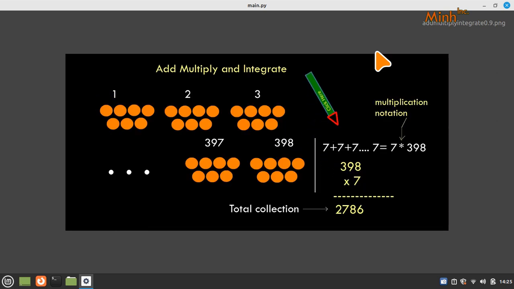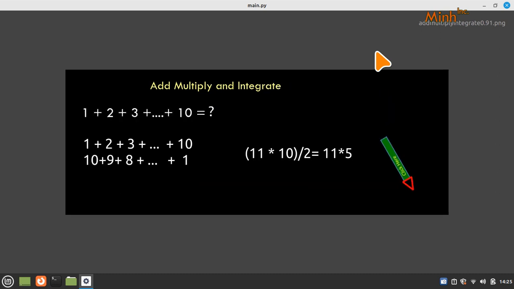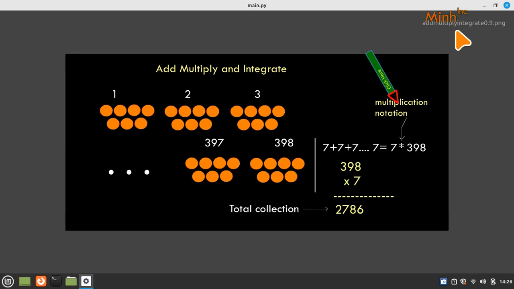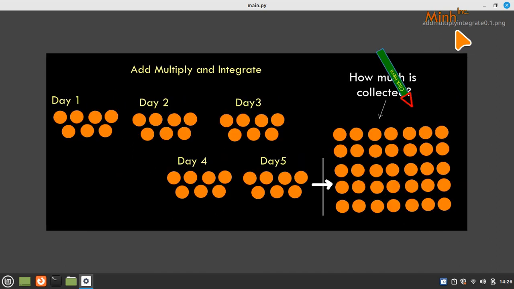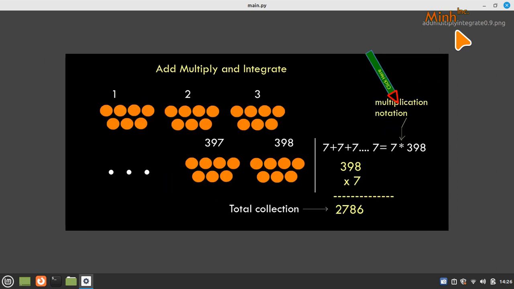Or if the collection of balls is too many, like for 395 days it is collected 7 each day, then addition is not possible and it comes to 7 into 395, that is this much. Okay, there can be many ways we need addition. So this is large scale addition, this is small scale addition, so we'll go for addition. Large scale addition, that is multiplication.